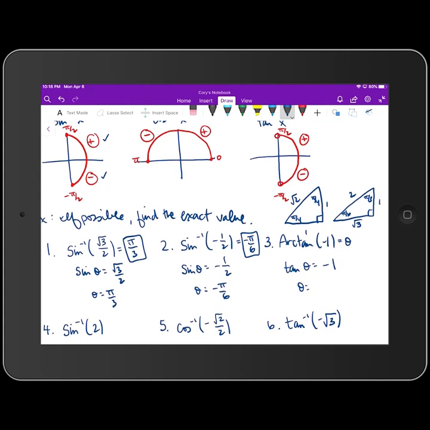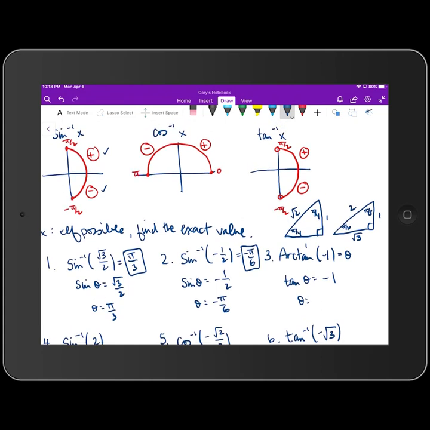So when we look at our graph of inverse tangent, the one that I asked you guys to memorize, the ratio here is negative, so that tells me that my angle lies in quadrant 4. I want to find the angle in quadrant 4 with reference angle pi over 4.